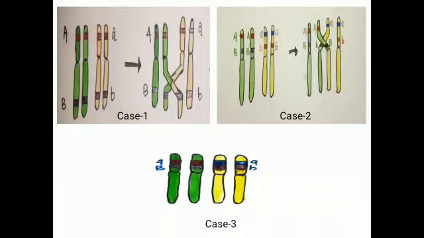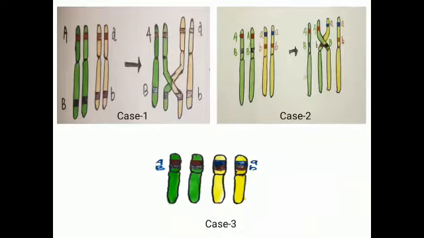In the first picture you can see capital A and capital B are very far from each other on the chromosome, and the small a and small b are also far from each other. So, when crossing over takes place between these chromosomes, the chromosomes will exchange their segments. That is, this small b will move to this part and this capital B will move to this part, just like we saw in the colored circles.